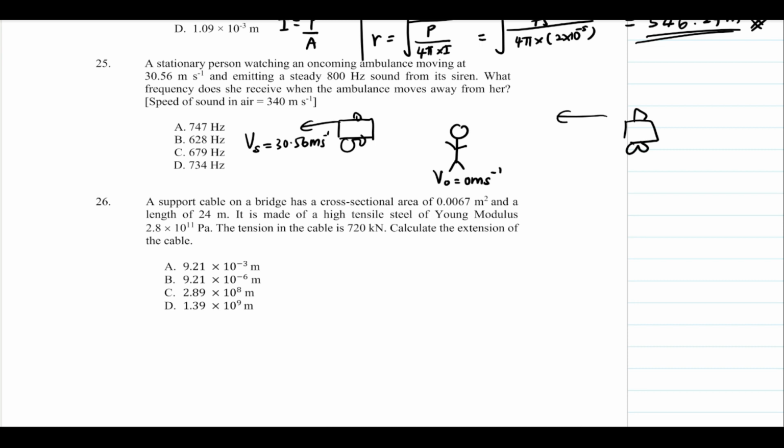Okay, saya selalu ajar awak, the wave will travel in this direction. Dia nak ke arah siapa yang nak dengar? Observer yang nak dengar kan? So V of the sound in air is given 340. Yang color merah tu adalah V of the sound in air.